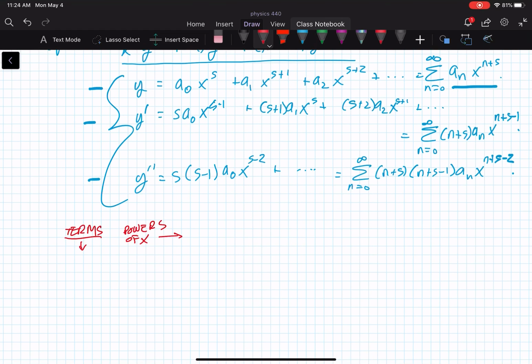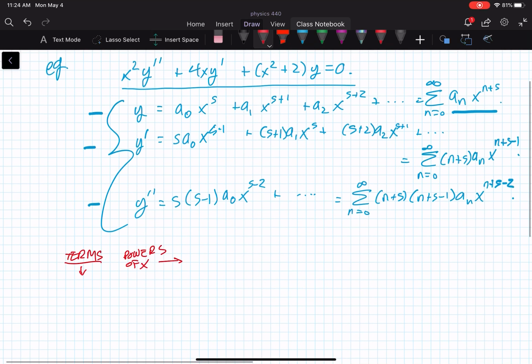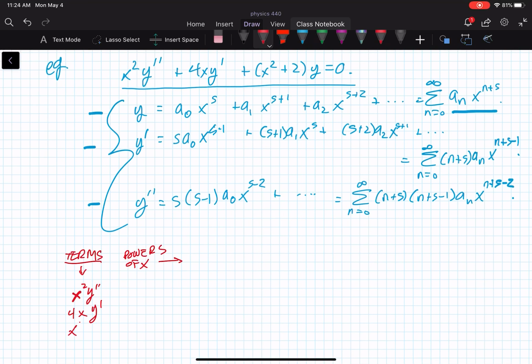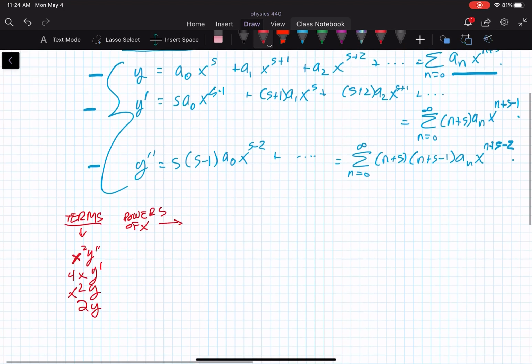So if we remember our equation up here, we have x squared y double prime, we have 4x y prime, we have x squared y, and we have 2y in this sort of dummy problem.